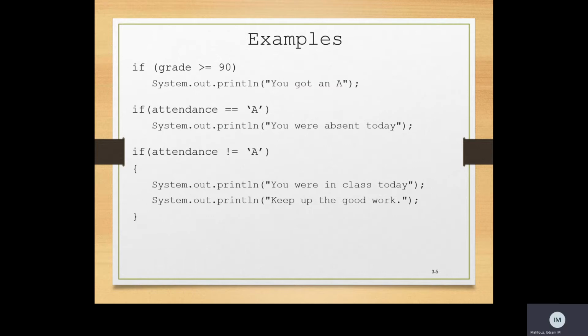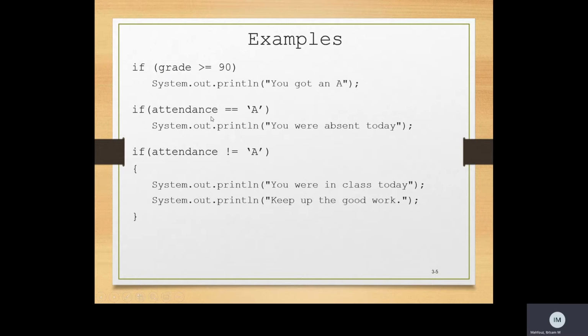So here are some examples. If I want to check someone's grade, here I'm assuming that there's a variable called grade, and I'm asking if the value that's stored in that variable is greater than or equal to 90, I'm going to tell them they got an A. I could also have a variable that is a char.